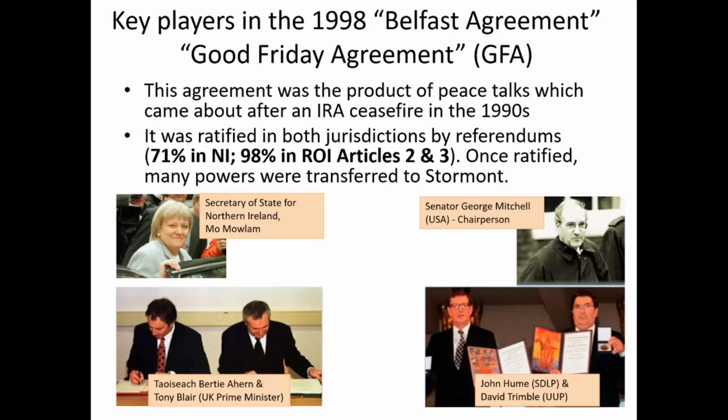It's not for anyone else coming from America to say this is what you should be doing, although Senator George Mitchell did chair some of the negotiations very successfully, it should be said. But it's a case of the consent of the governed, that John Locke phrase. They get to decide who rules them, or how they rule themselves even. And at the moment, that's a Northern Ireland state, although that might change over time.